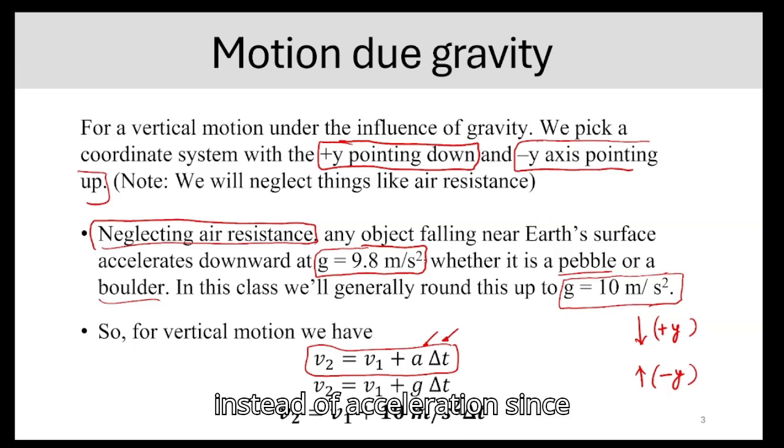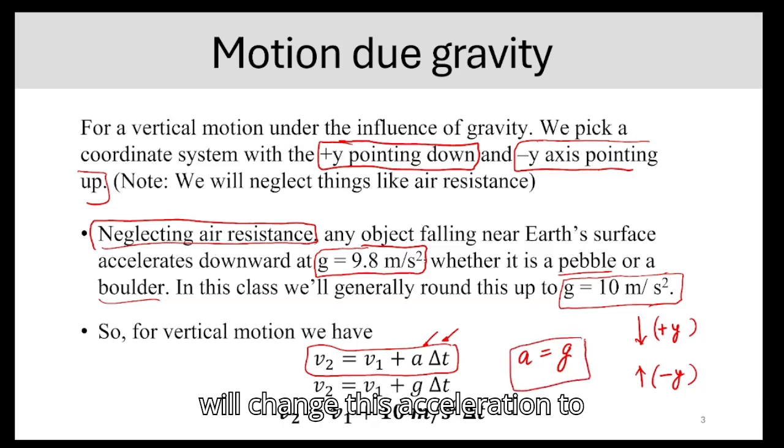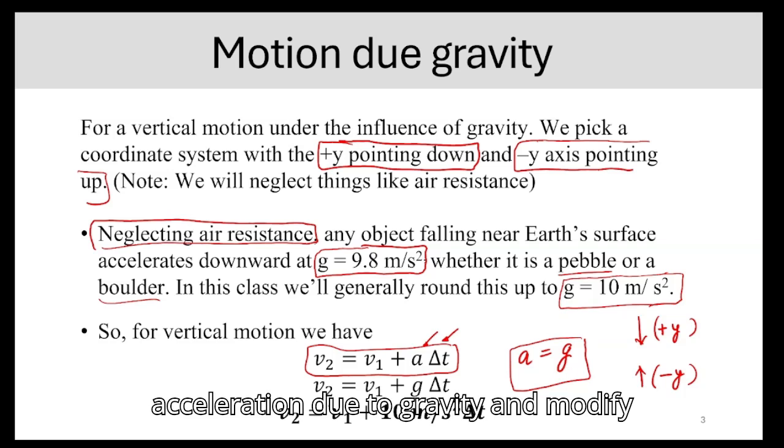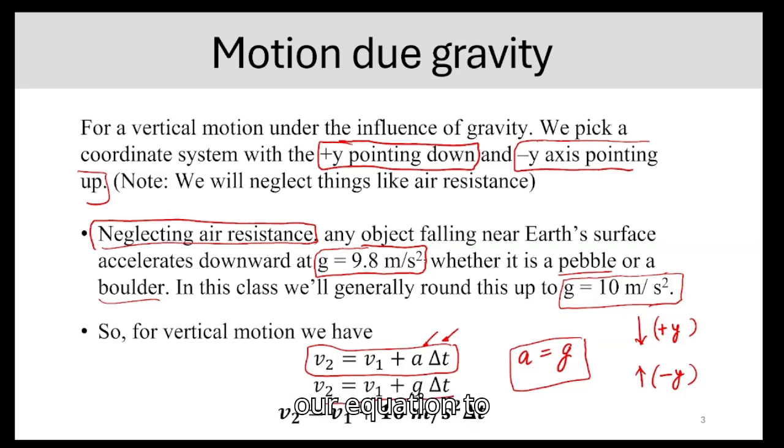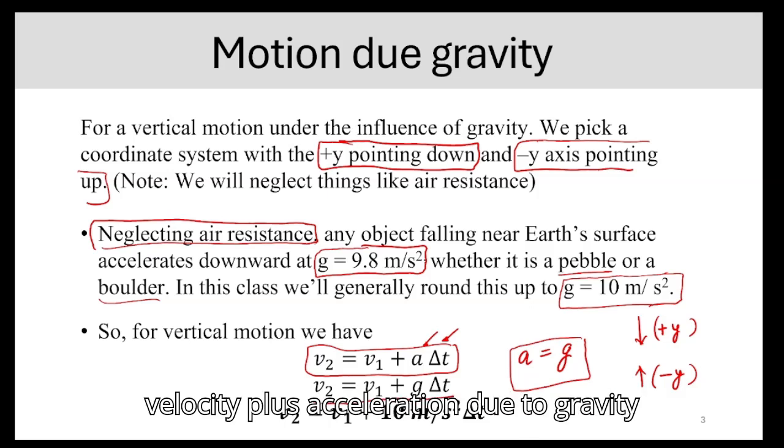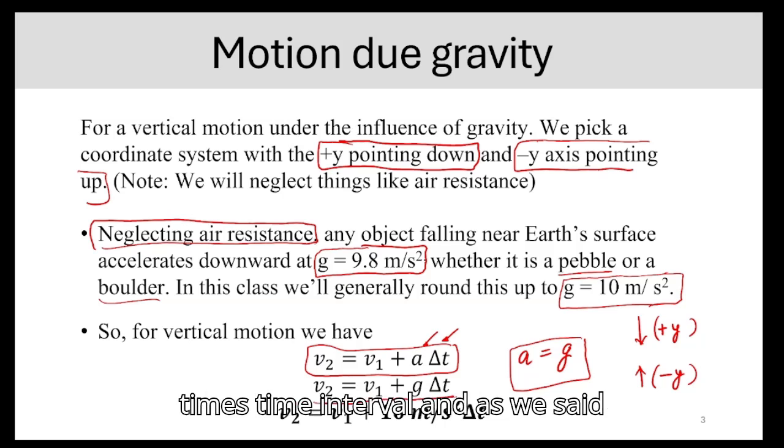Now, since it's a vertical direction where the object is moving toward Earth's surface due to gravity, we will change this acceleration to acceleration due to gravity and modify our equation, and we can read it as final velocity is equal to initial velocity plus acceleration due to gravity times time interval.